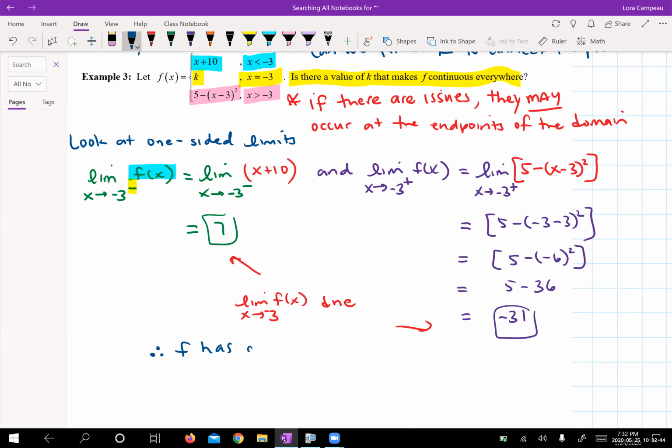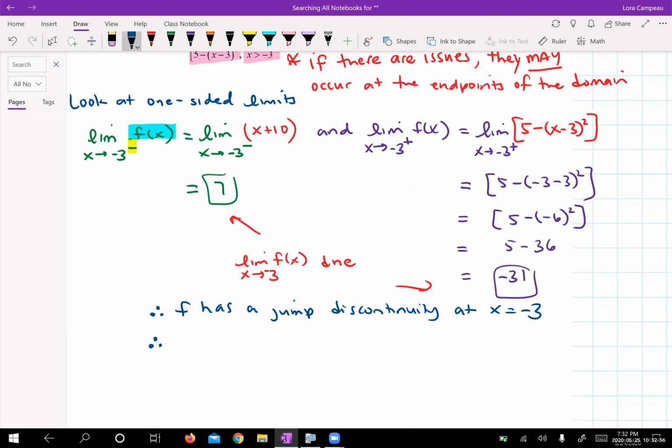So f has a jump discontinuity at x equals -3. And because you can't patch something that far away with a single value, to answer the question, no value of k can make f continuous at x equals -3.